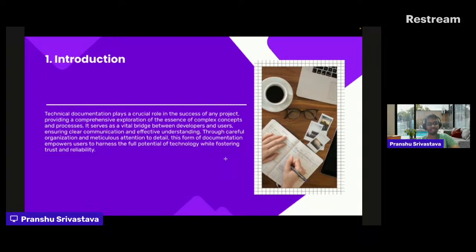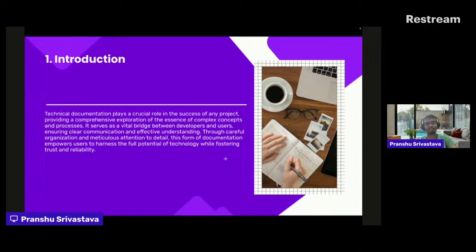And in open source projects, it is of much more importance because basically all the code of open source projects is out there on GitHub, so everyone can take a look at it. If anyone wants to contribute to this project, they need to understand what is going on in the project and what sort of technologies they are using.